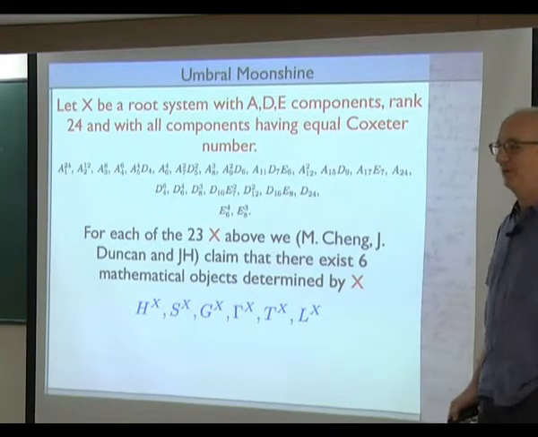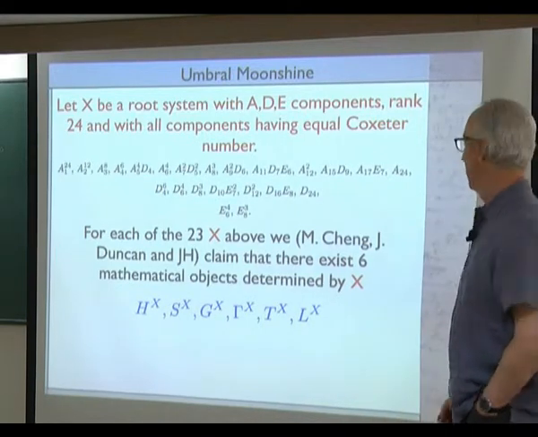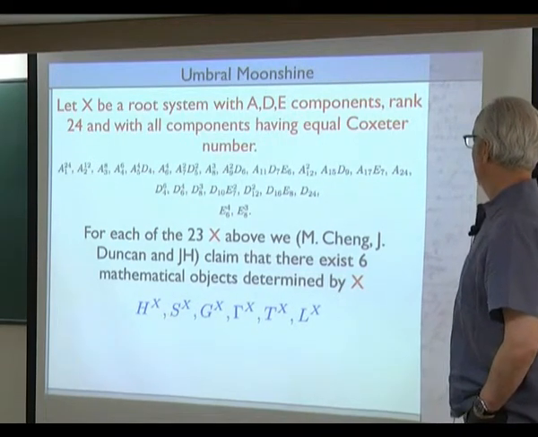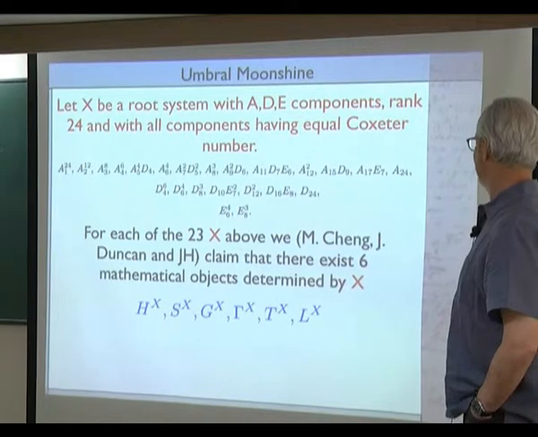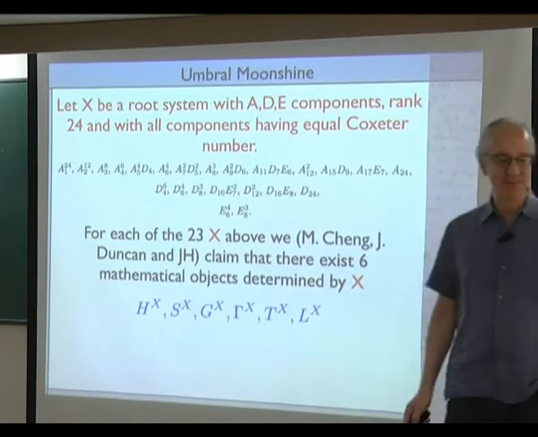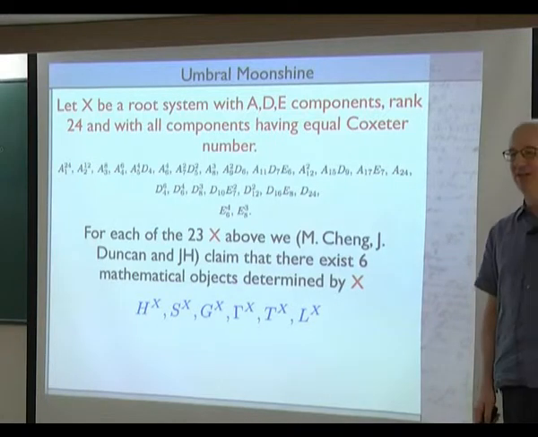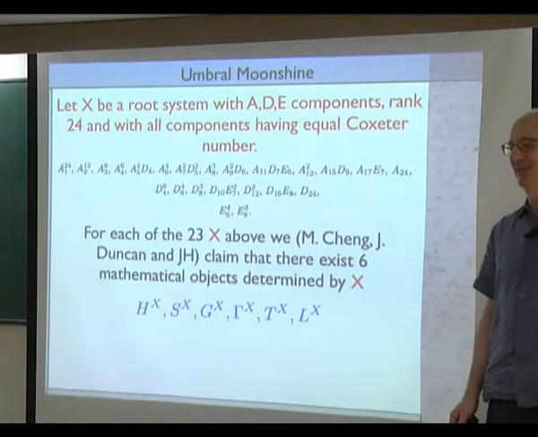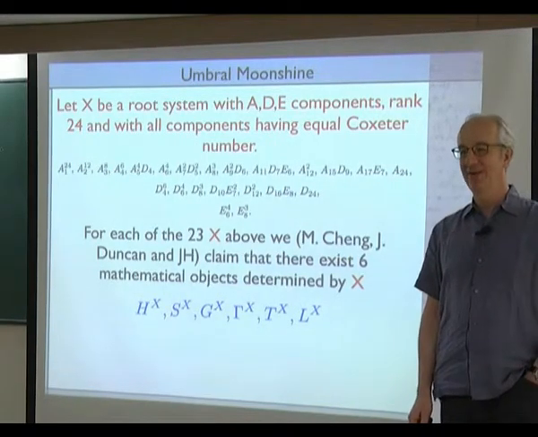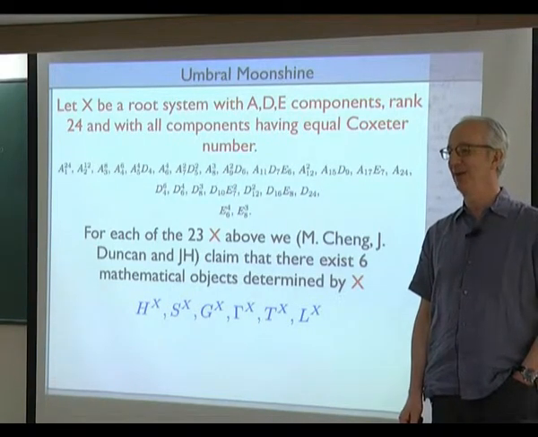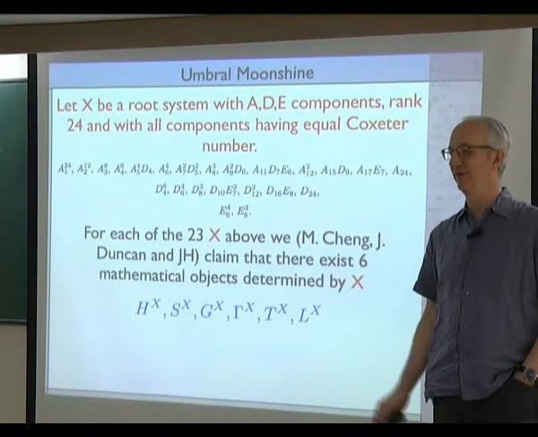What about MTX? Do they also associate 6 objects? Well, we spent many weeks debating this question, because MTX you would presumably like to think of as the Leech lattice. But we couldn't really find a convincing mathematical sense in which the Leech lattice was a natural generalization of all of this.